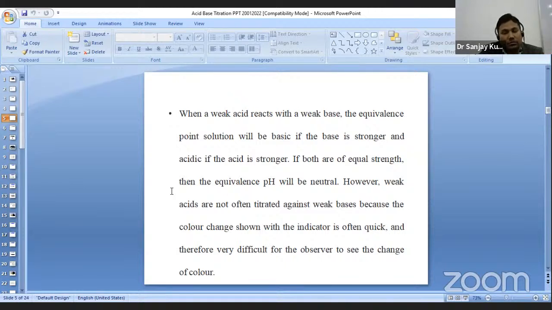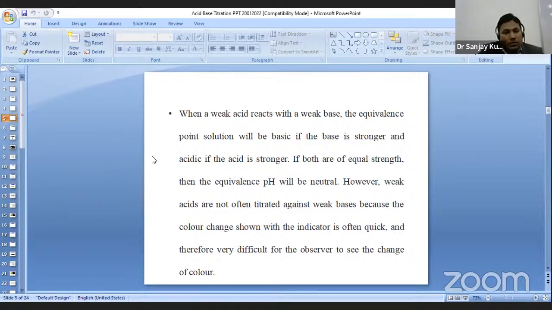So we discuss strong acid strong base, strong acid weak base, and weak acid strong base. These three can go for acid-base titration, and at the neutralizing point they give a sharp color change, which is the endpoint.